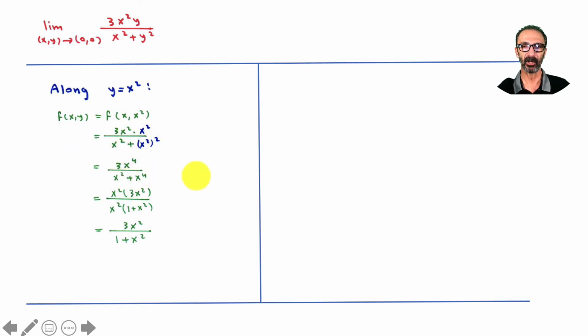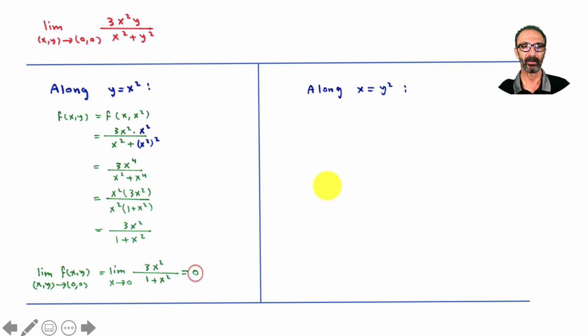Simplify your function before you apply the limit. Take out x to the second and divide by x to the second, because you can. And I have the following. Now apply the limit. I get 0 over 1 plus 0, which is 0. See right here, I wrote x approaches 0, not x and y approaches 0, 0, because there is no y anymore.